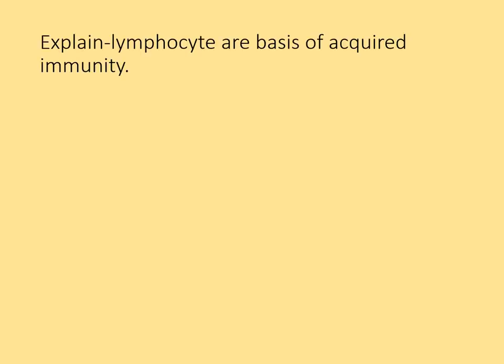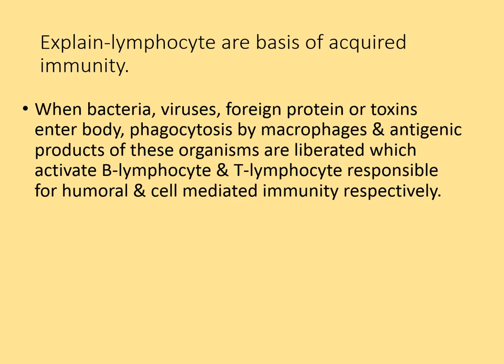Explain why lymphocytes are the basis of acquired immunity. When bacteria, virus or foreign protein or toxin enter the human body, they get phagocytosed by the macrophage, and antigenic products of this organism are liberated, which activate B lymphocytes and T lymphocytes, responsible for humoral and cell mediated immunity respectively.